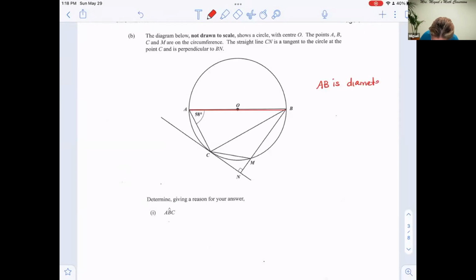So therefore, this triangle is found in a semicircle. And the theorem says the angle in a semicircle is a right angle. So this angle here is 90 degrees. The sum of angles in a triangle is 180. So work out this for me. Go ahead.